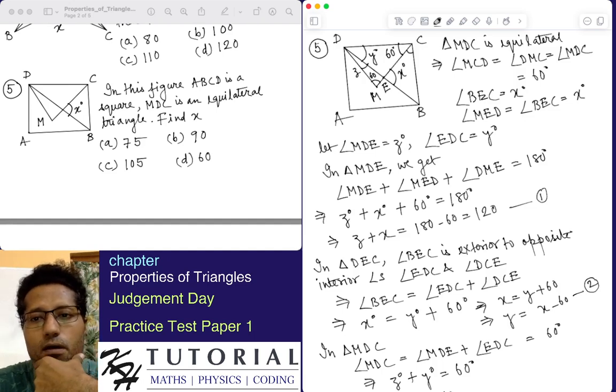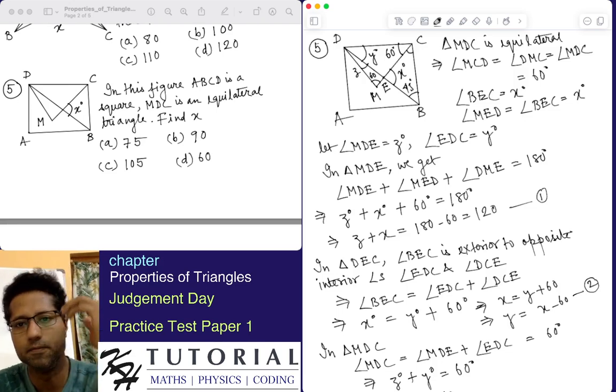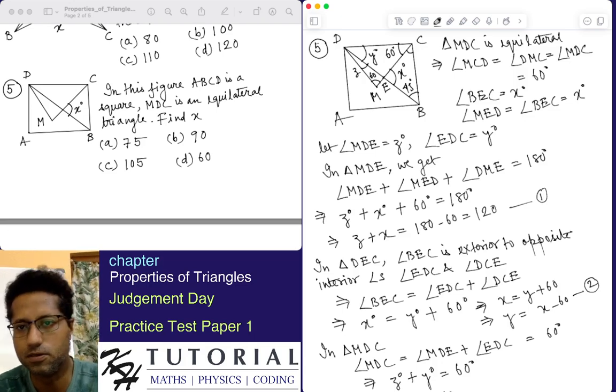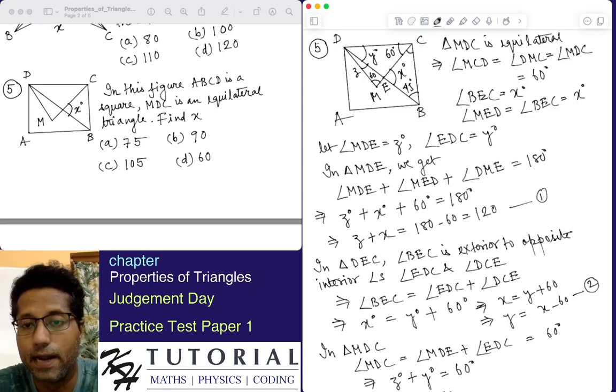ECB is 30 degrees. Okay, so we also know that this angle is 45 degrees. This has to be 45 degrees because the diagonal DB is bisecting the angle ABC, and ABC is 90 degrees. So this DBC is 45 degrees.